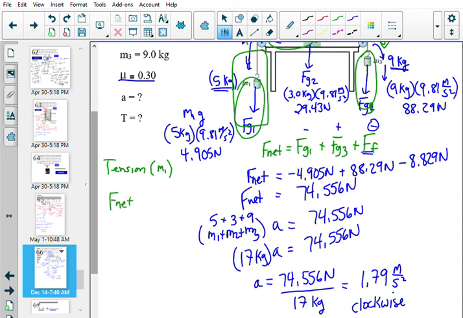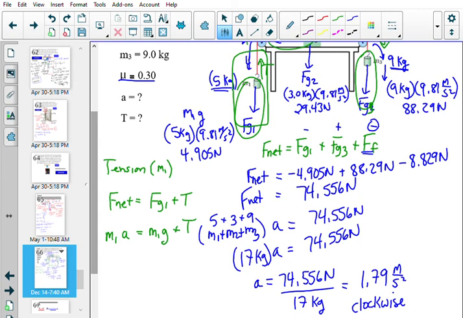So F net equals, we have Fg1 and tension. You've really got only those two forces now balancing. We stayed away from the other messier areas. So F net is m1 times a. Fg1 is m1 times g. And your tension.